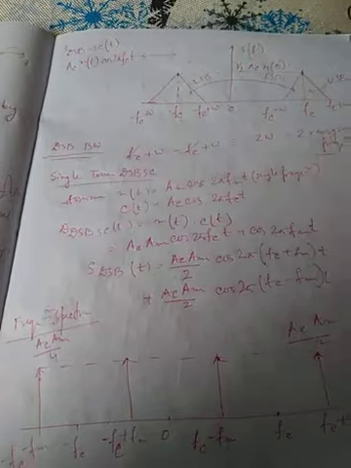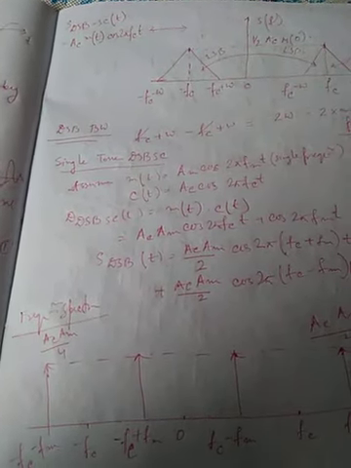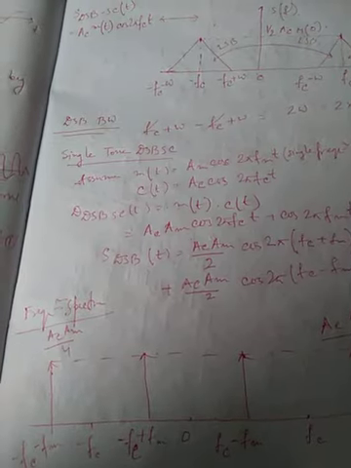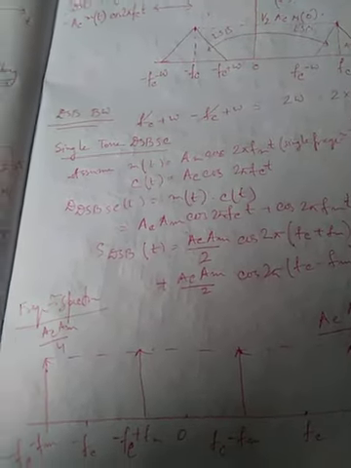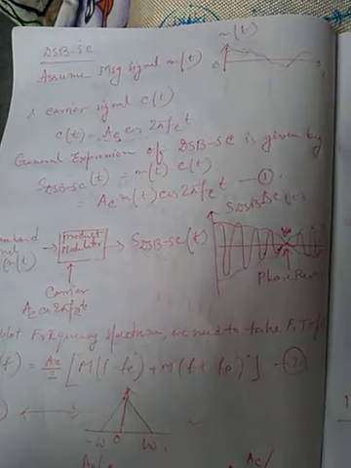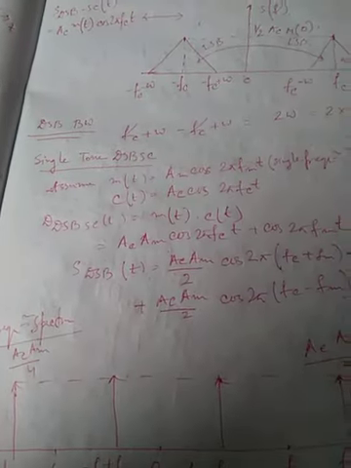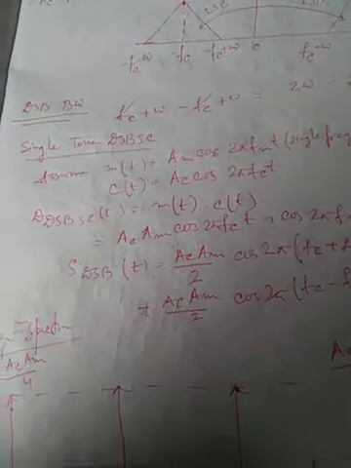Let's see our next topic, single tone double sideband suppressed carrier. Previously I derived everything taking the message signal as m(t) only. Here I am giving the message signal as an example. Why is it single tone?